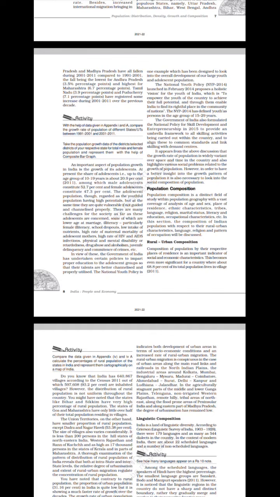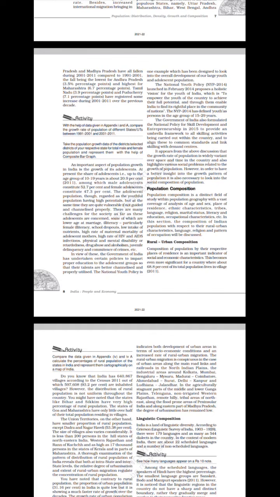Population composition. Population composition is a distinct field of study within population geography with a vast coverage of analysis of age and sex, place of residence, ethnic characteristics, tribes, language, marital status, literacy and education, occupational characteristics, etc. In this section, the composition of our Indian population with respect to their rural-urban characteristics, language, religion, and pattern of occupation will be discussed.